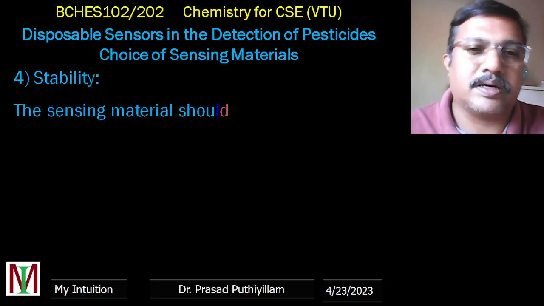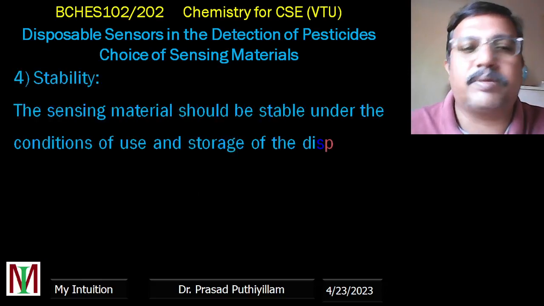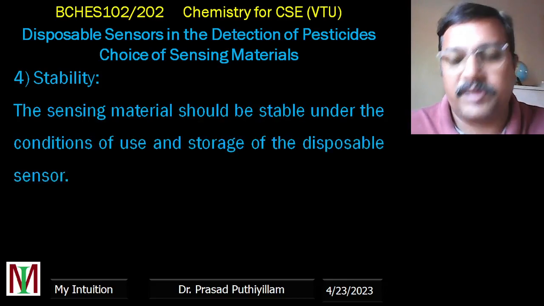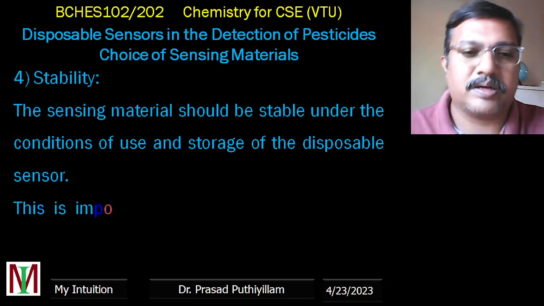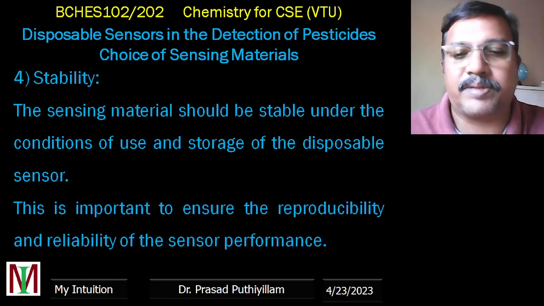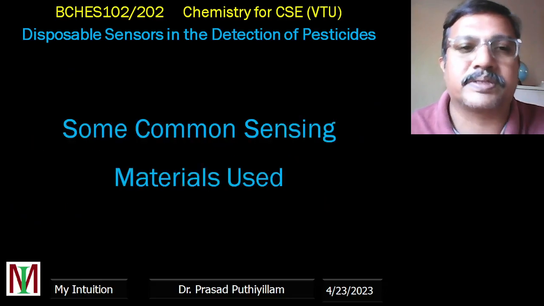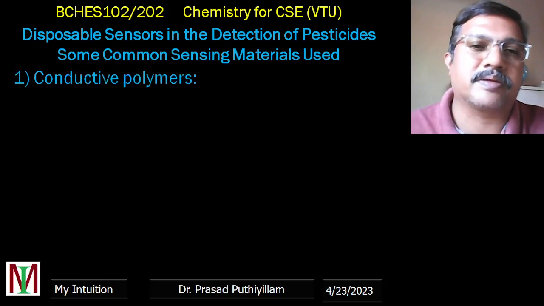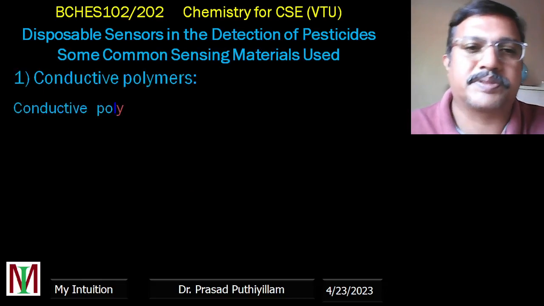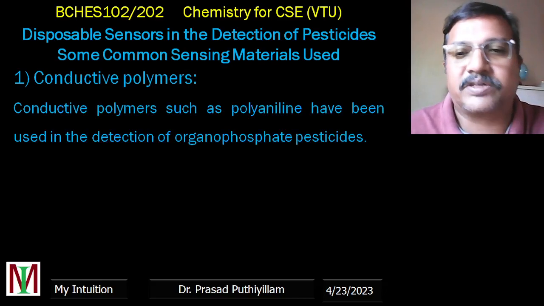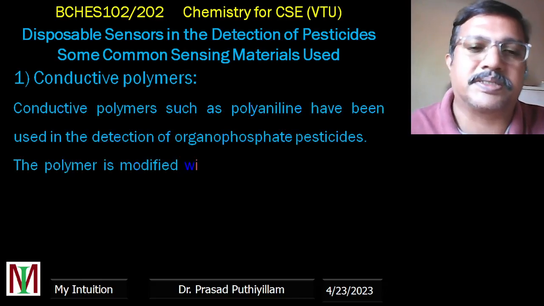Stability. The sensing material should be very stable under the conditions of use and also during storage. This is very important to ensure the reproducibility and reliability of the sensor performance. Now, some of the common sensing materials are conducting polymers such as polyaniline, used in the detection of organophosphate pesticides.